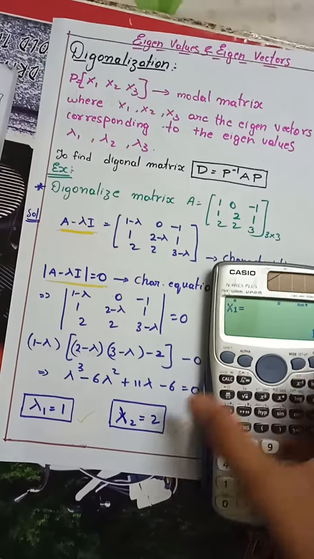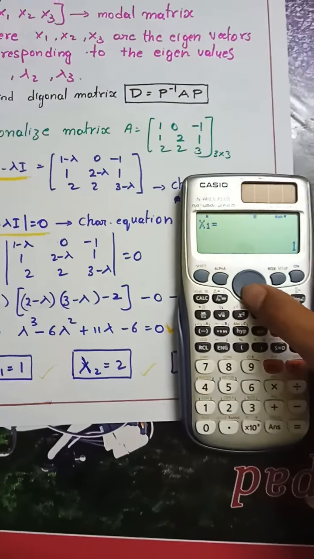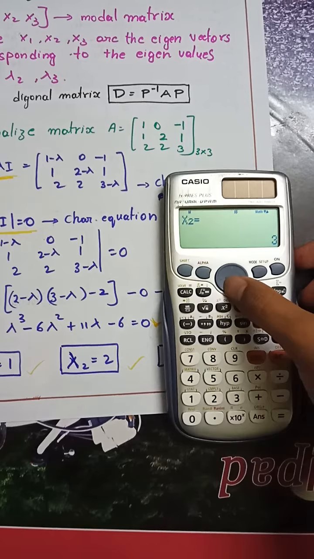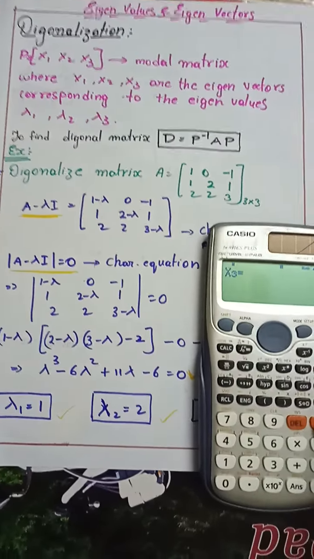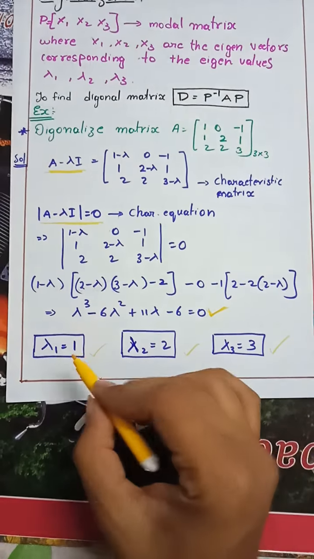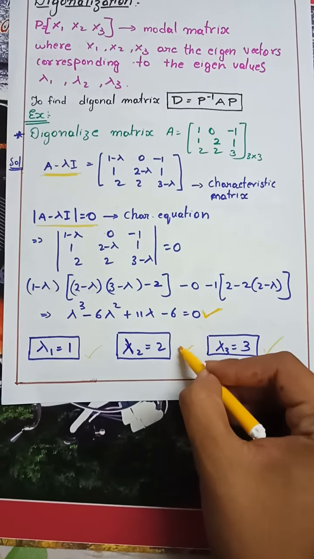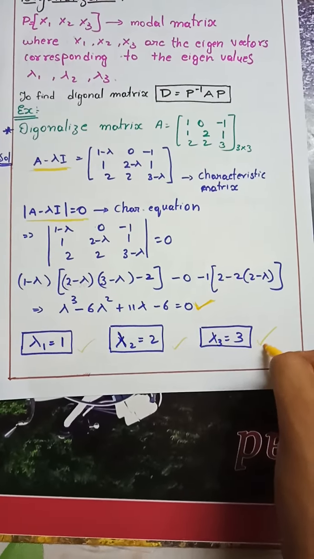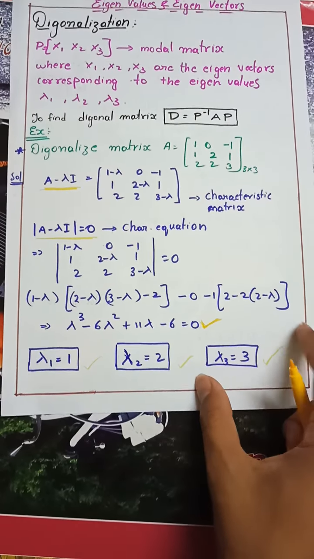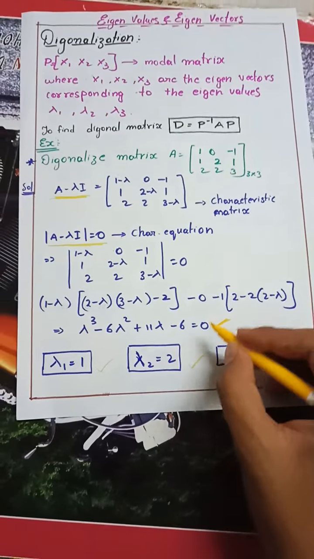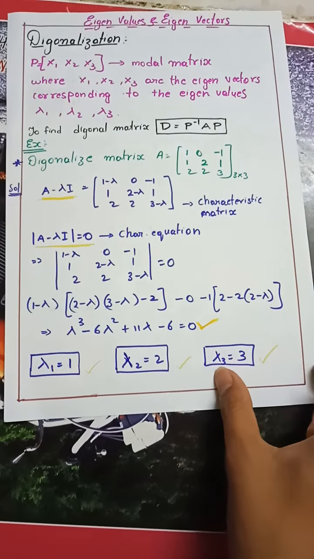Here we get the roots x1 is equal to 1, x2 is equal to 3, x3 is equal to 2. So lambda 1 is equal to 1, lambda 2 is equal to 2, lambda 3 is equal to 3. These three are the eigenvalues which we get from the characteristic equation.